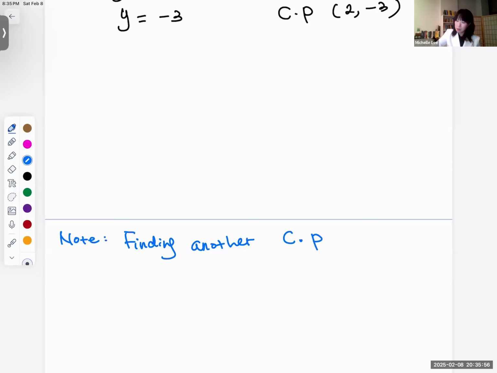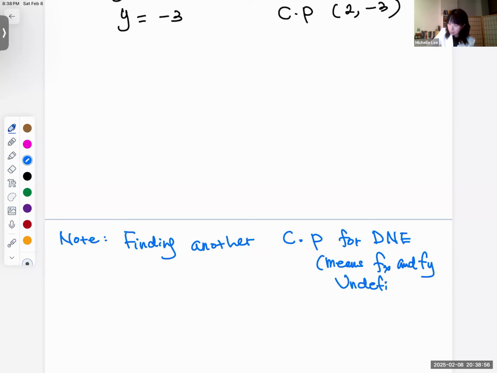Let me denote CP for does not exist. Okay, so let me write down what the does not exist means, right? So the partial derivative with respect to x and partial derivative with respect to y are undefined, right? So undefined, we know that the denominator is 0.